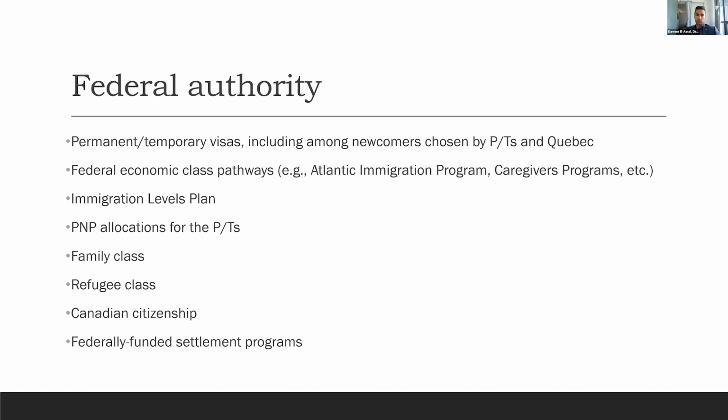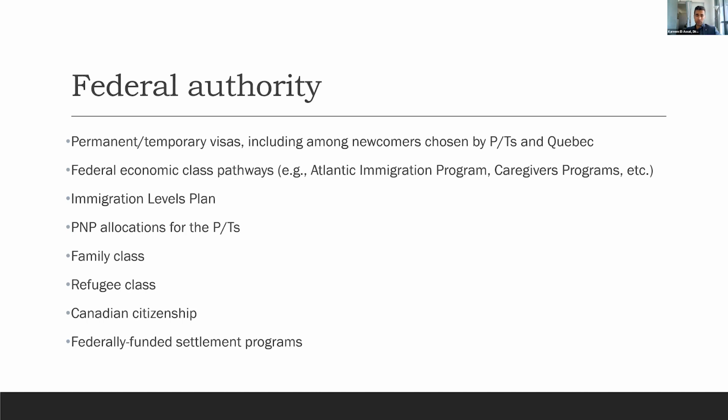The federal government shapes our immigration targets nationally. Of course, it consults with the provinces, but ultimately it determines what it feels is the appropriate level to support Canada's various economic, familial, as well as humanitarian objectives.